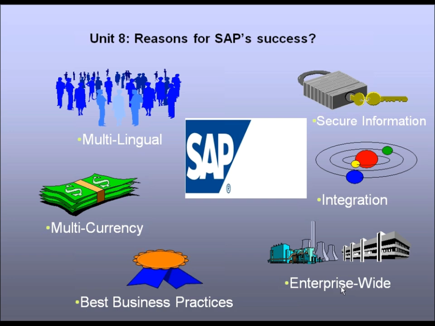Then there is something called best business practices. Let's say you are implementing SAP for a banking company, ICICI. In banking, you have got different MNCs, local companies, etc. State Bank of India, ICICI Bank, Citibank, Standard Chartered Bank, whatever banks. When I am implementing a process, for example, one application called deposit money into the savings account.